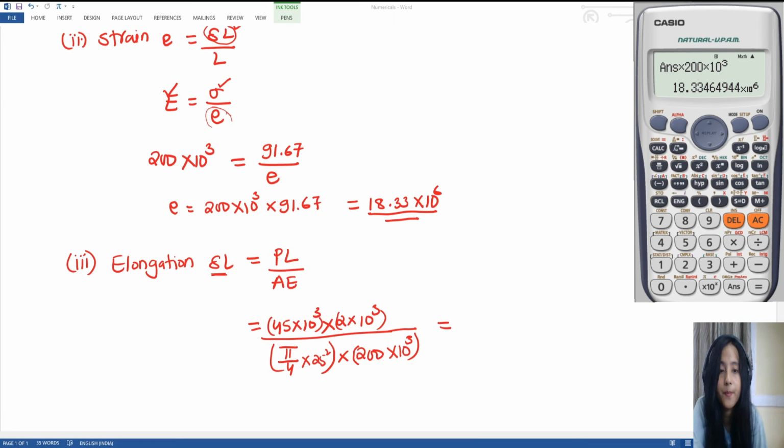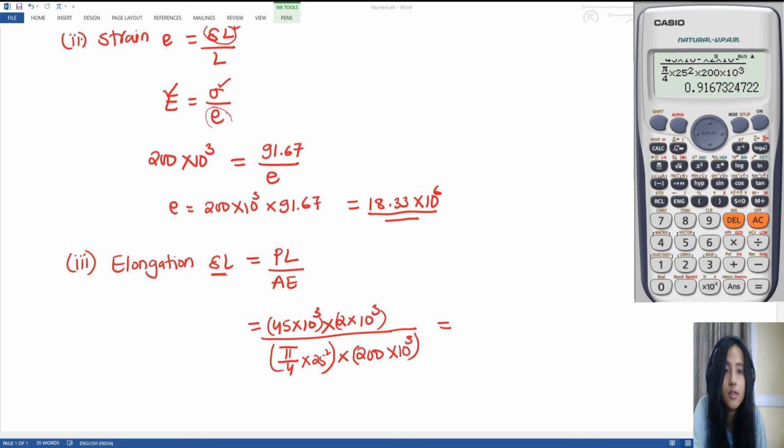So let us find 45 into 10 raised to power 3 into 2 into 10 raised to power 3 divided by pi by 4 into 25 square into 200 into 10 raised to power 3.